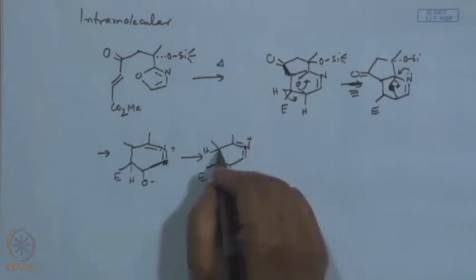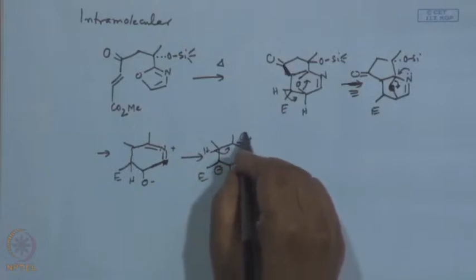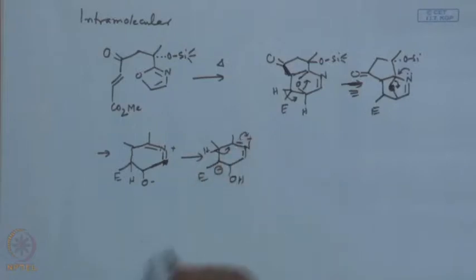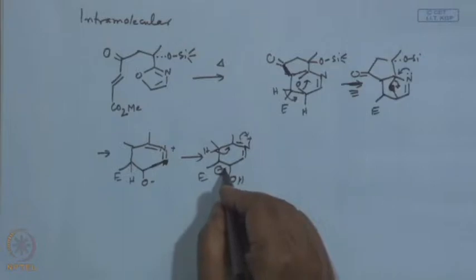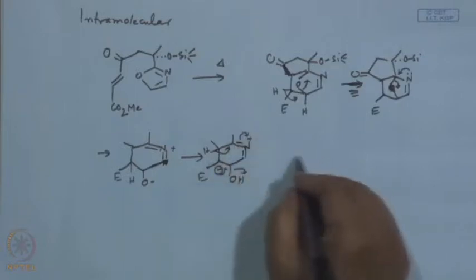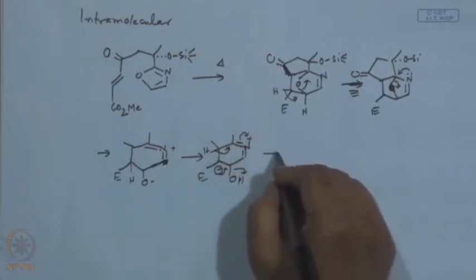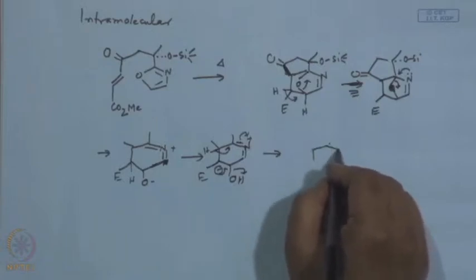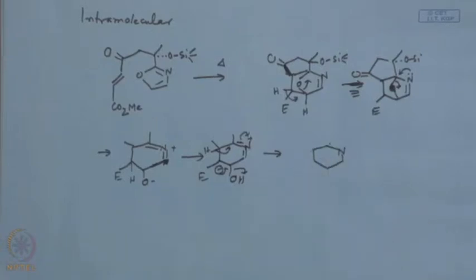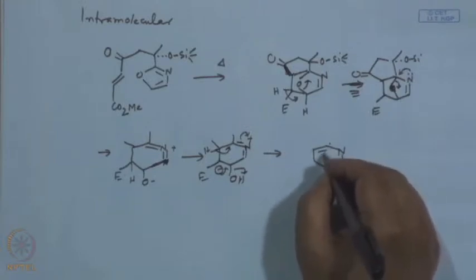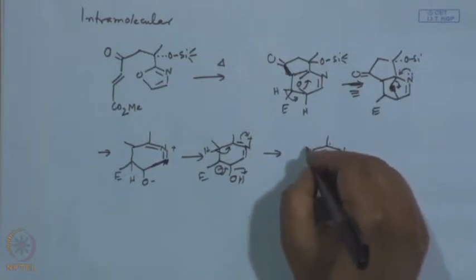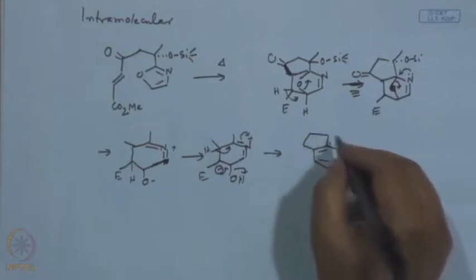So, plus, this hydrogen now undergoes elimination. Eventually, through all the steps, what you get is a pyridine nucleus, and what else? You have a 5-membered ring.